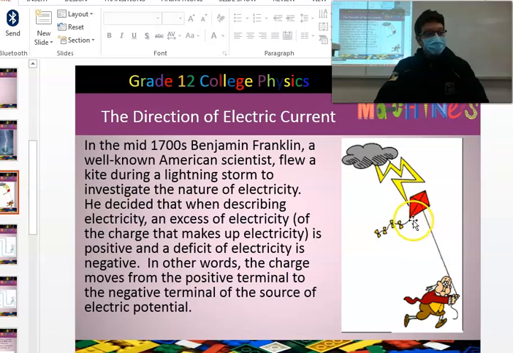Also, another interesting story, if you guys are history buffs: Benjamin Franklin is probably the reason America exists today. That is because during this time in Europe, electricity was a hot thing. Everybody loved electricity.